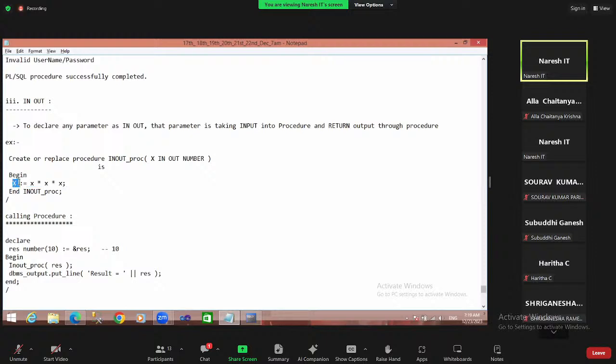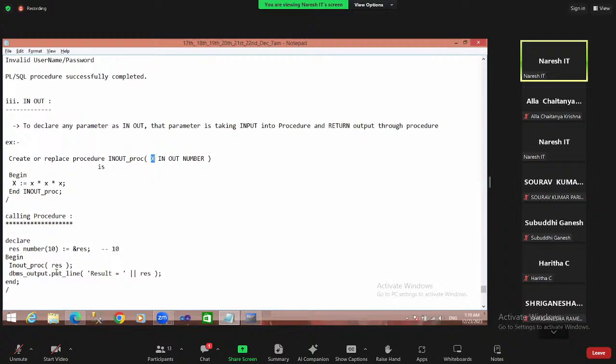Your x value is changed to 1000. At the time of calling, x acts as in, taking input 10 into the subprogram. After the program is evaluated, x value is 1000, and 1000 is returned through x.